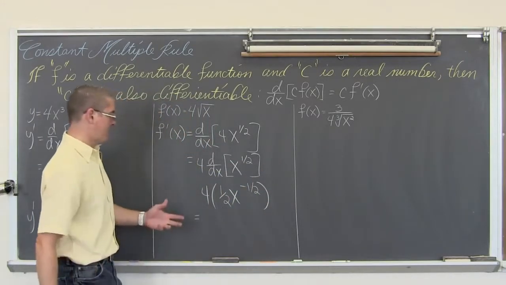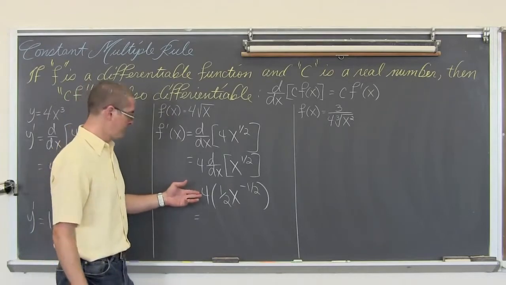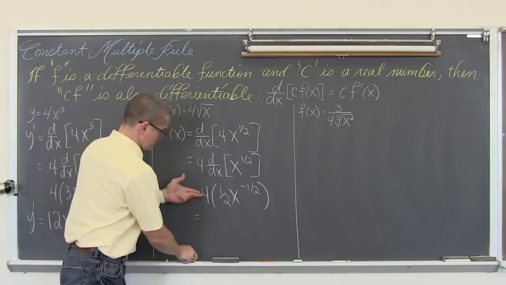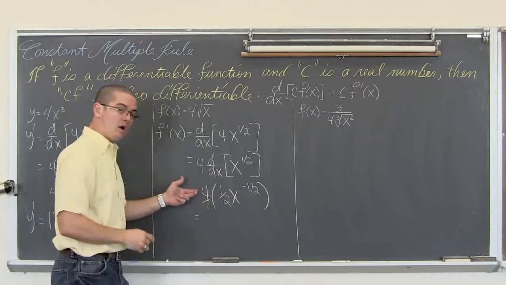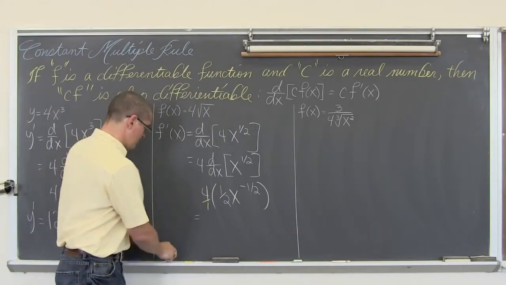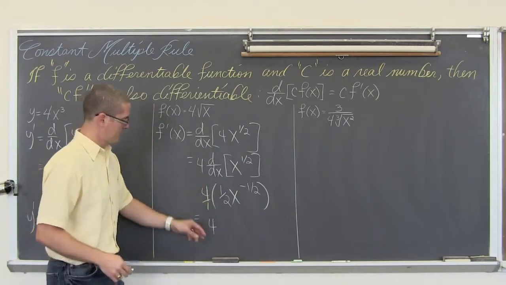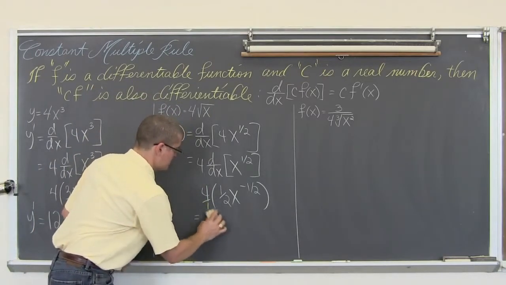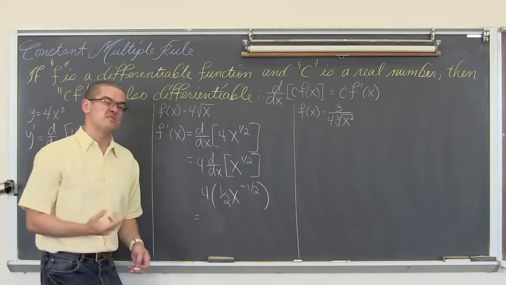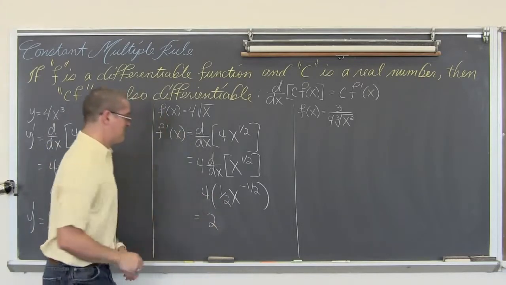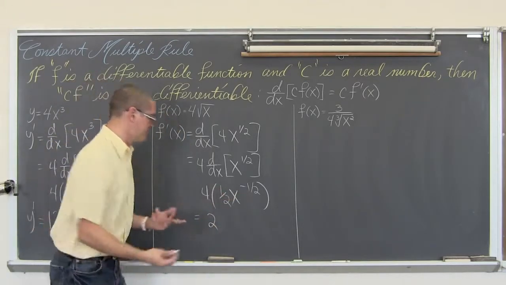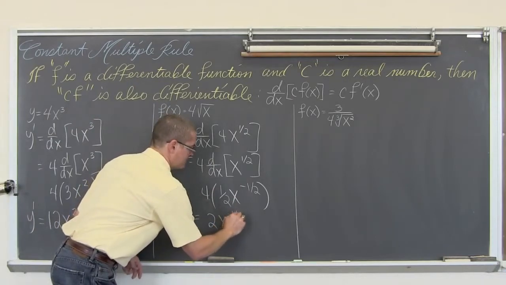Actually, I could take the 4 and reduce it. How about we just say that 4 times 1/2 is 2? And we have 2x to the negative 1/2 power.